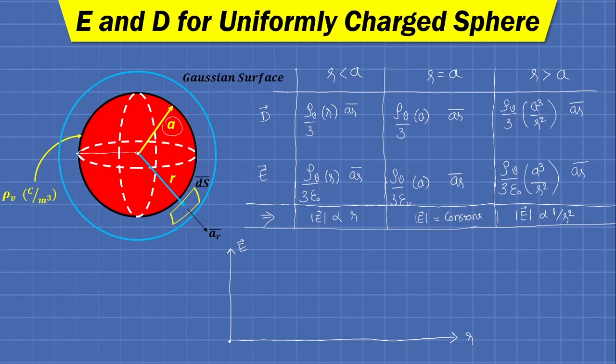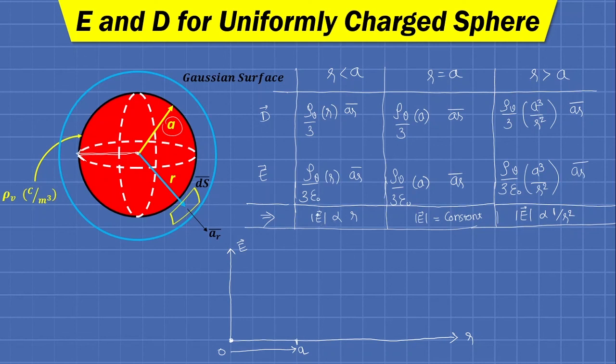At the center of the sphere the distance is 0, so D and E both will be 0. As we move from the center towards the surface, so this is a, this is 0, the intensity will increase linearly.